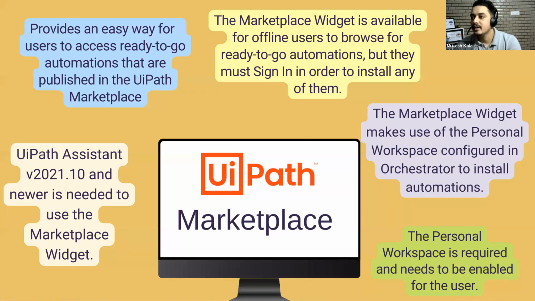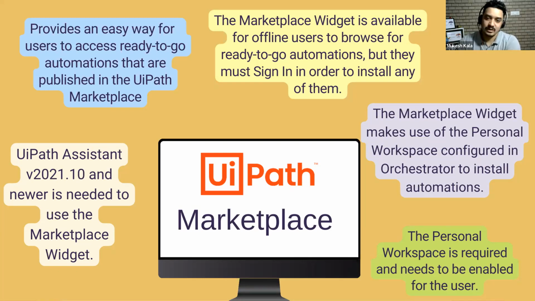That's awesome. Now, whenever we talk about this marketplace, you need to have the UiPath Assistant 2021.10 or newer. When I say 2021.10, it means that you need to have a UiPath version of the year 2021 and the release is October. Recently UiPath has announced 2023.6, which means that the year is 23 and the month is June.